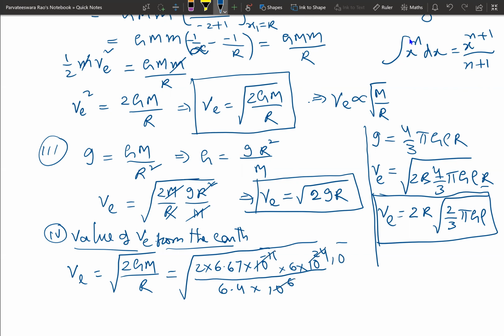You are left with 10 to the power of 7. So a 10 can be taken out, and if you simplify, this will come out to be 11.2 into 10 to the power of 3 meters per second, or 11.2 kilometers per second. This is from the Earth's surface.